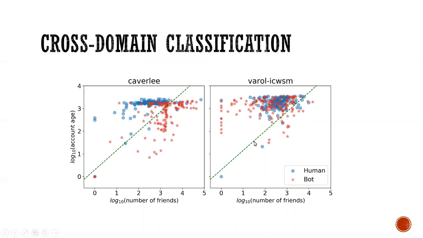But if we use the same rule and the same set of features on a new dataset, which includes new types of bots, the performance drops, and we are not successful in separating 2 classes. Why? Because bots are different, and we need a new set of features and new set of rules.